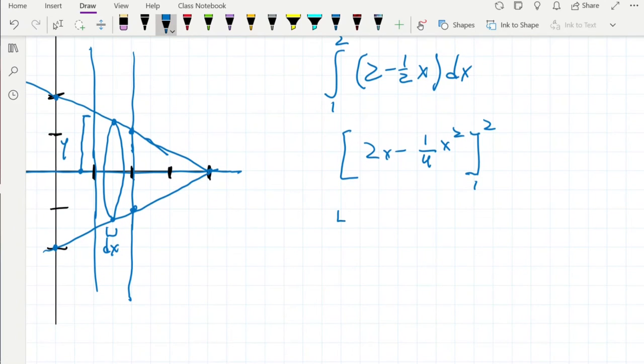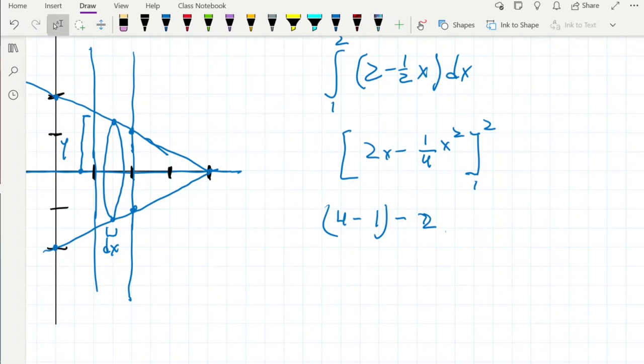And then we plug in, so we're going to have 4 minus 2 squared is 4 over 4, so that is 1, minus 2 minus 1 over 4. And I just realized my pen is lagging a lot. Let me just try something real quick. Okay. 1 over 4.